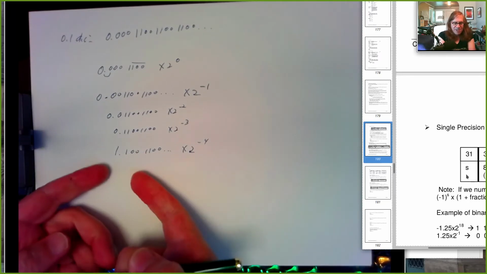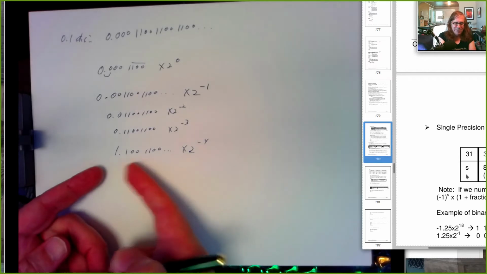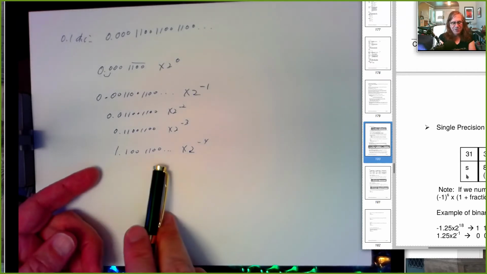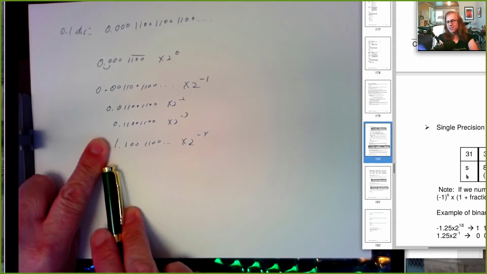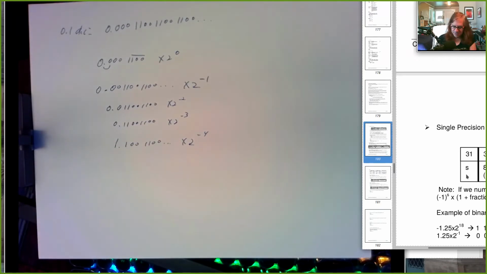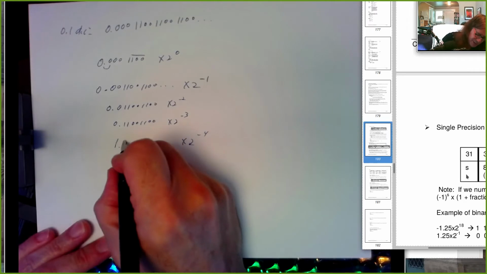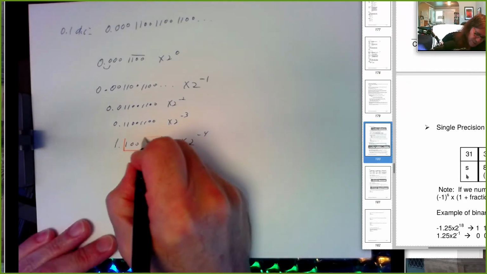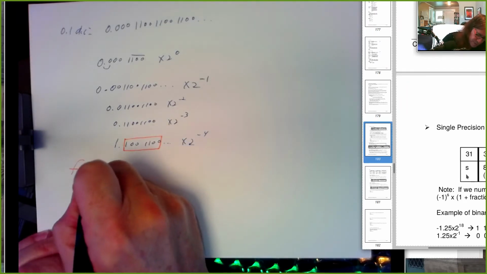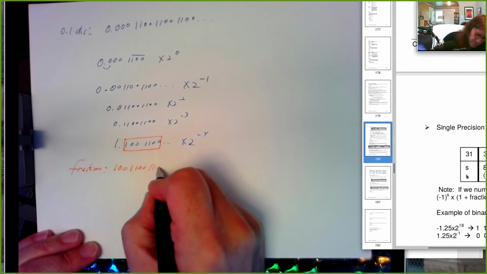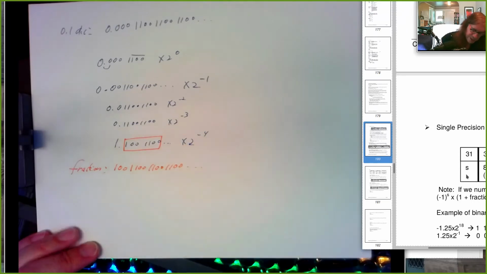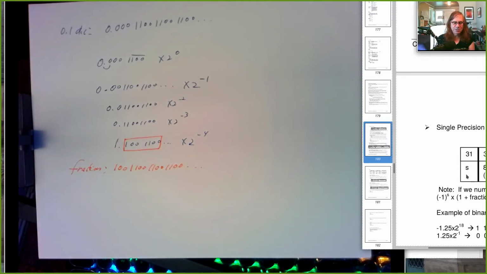All right, so now we've got a normalized fraction. We've got a binary number to the right of the decimal point, and a single 1 to the left. Now we're all set to write this in floating point notation. Our fraction is the part to the right of the decimal point, all of that out to 23 bits.